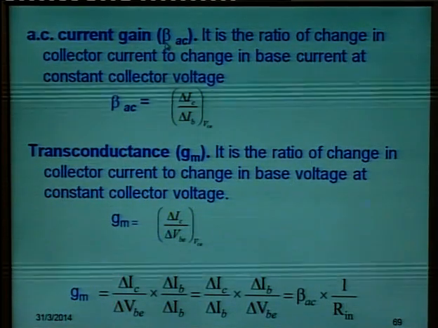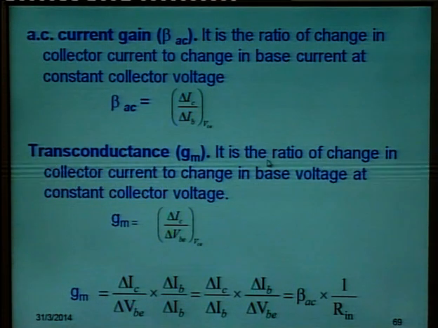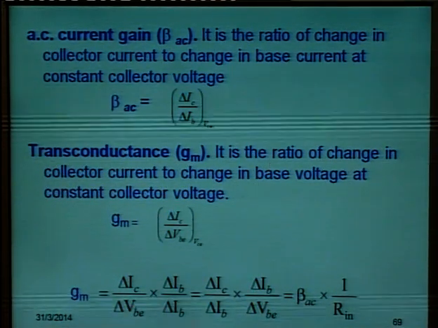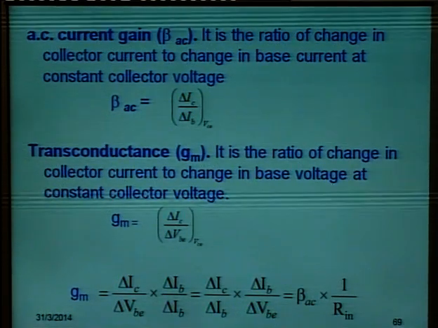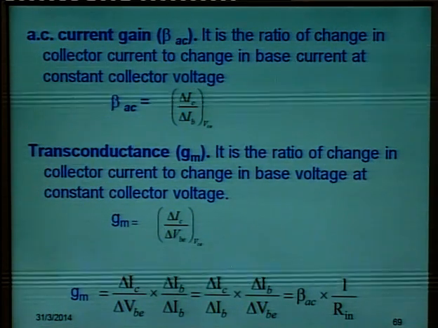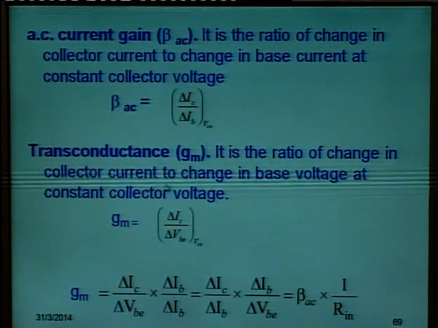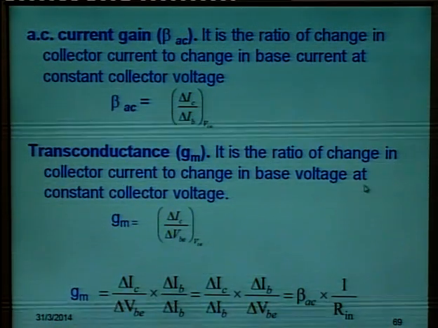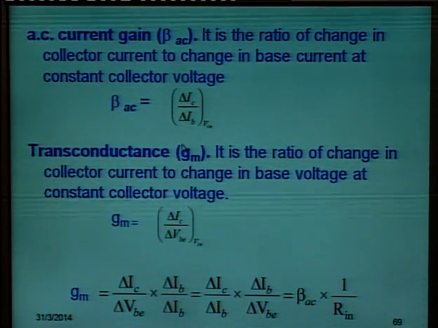AC current gain is represented by beta here. Now, at the input you had base current, at the output you had collector current. So, the ratio of change in collector current to change in base current is called AC current gain. Transconductance, ratio of change in collector current to change in base voltage at constant collector voltage is called transconductance.